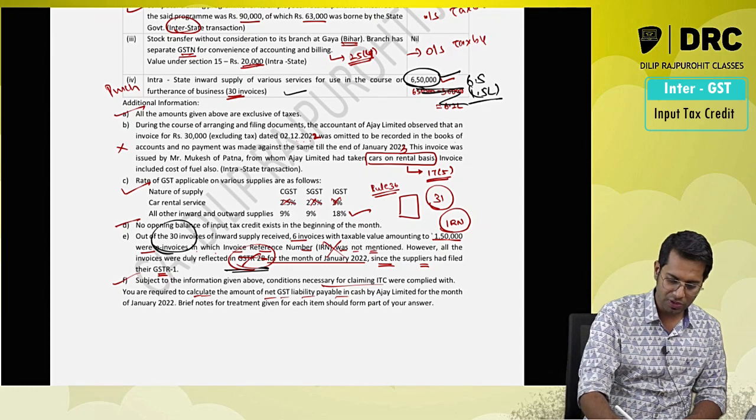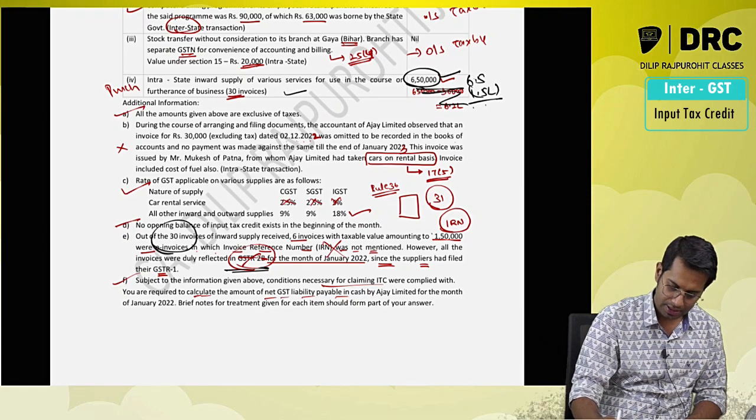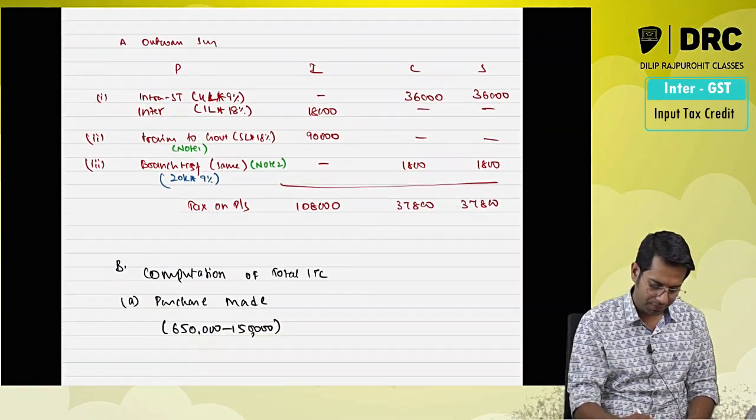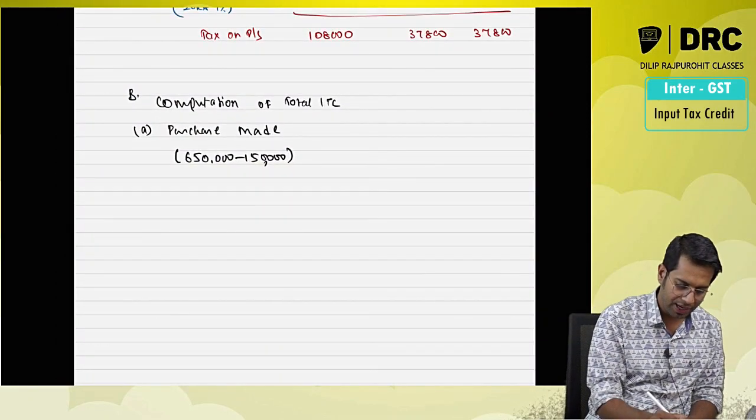So the balance amount, 6.5 lakhs minus 1.5 lakhs, is 5 lakh rupees.